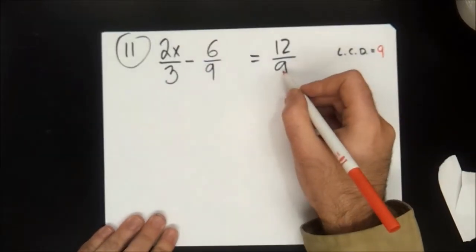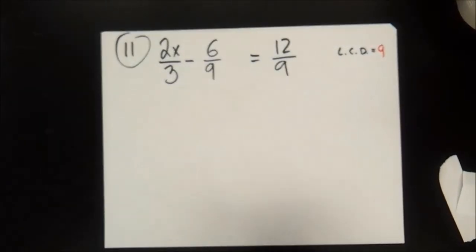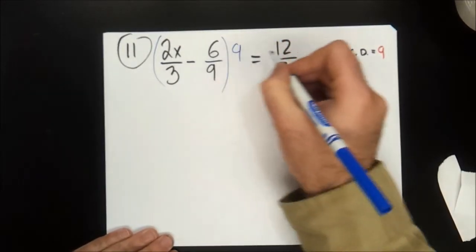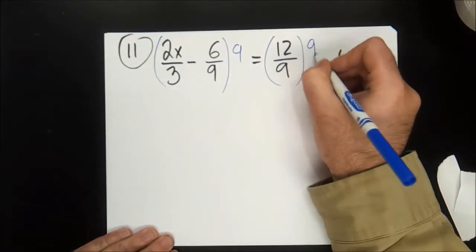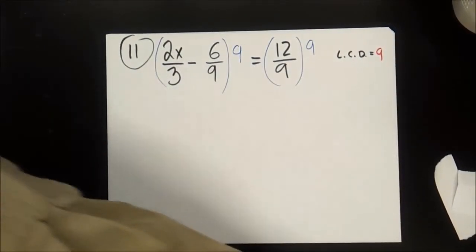9 goes into 9 once, 3 goes into 9 3 times. So you multiply everything by the LCD, the 9. And that's going to help us to get rid of all of the denominators.